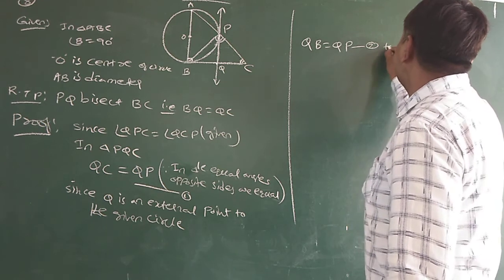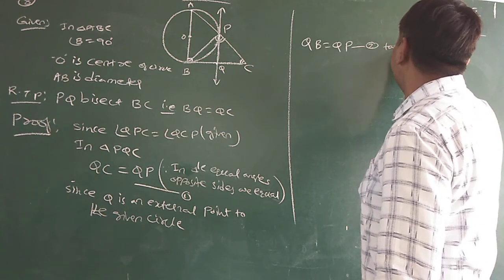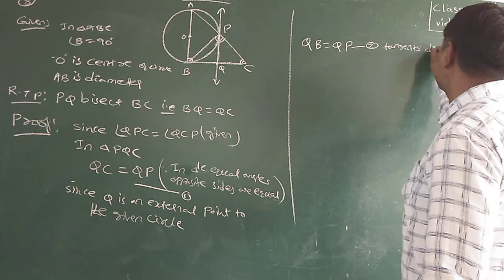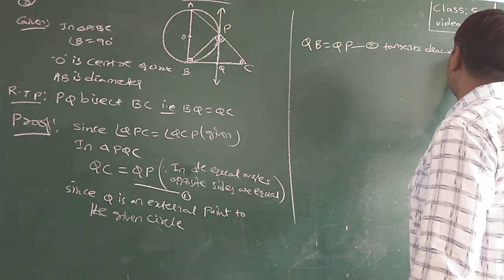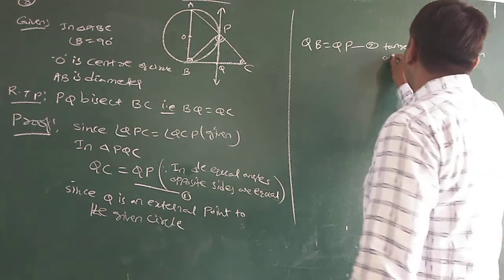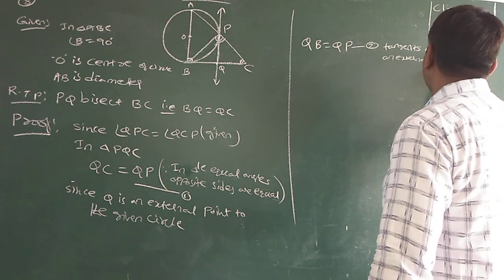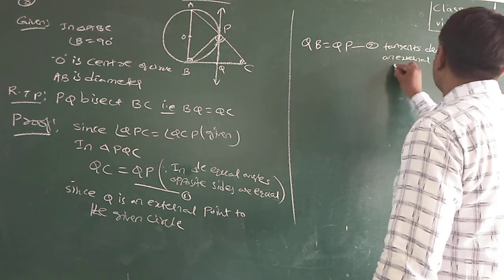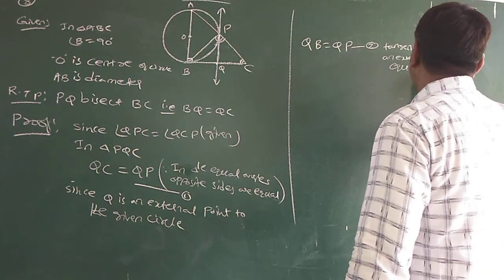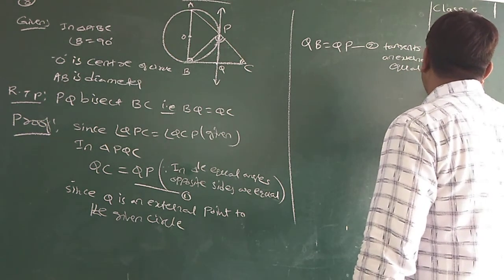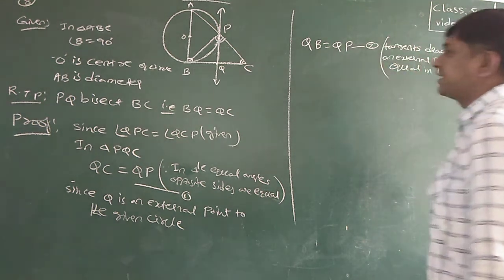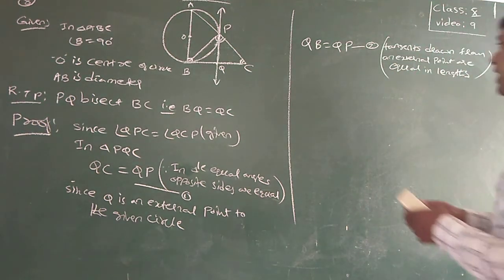How? Tangents drawn from an external point are equal in length.